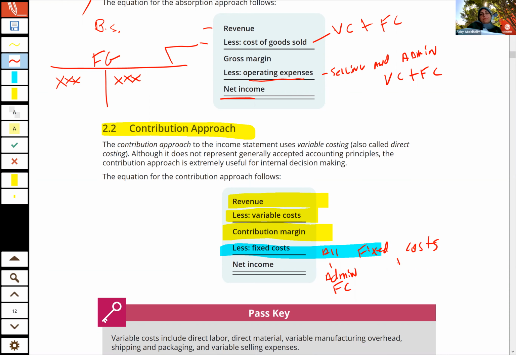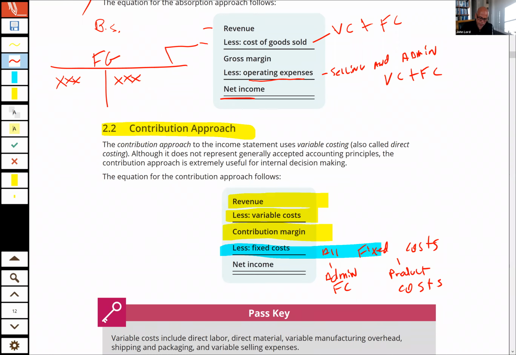Rent. Don't be that specific. Are you just going with like product costs? Our fixed product cost. Let's say product cost as well, our fixed product cost.